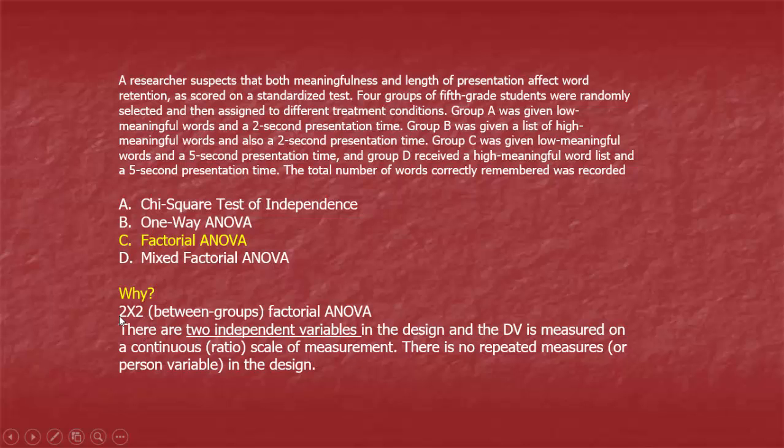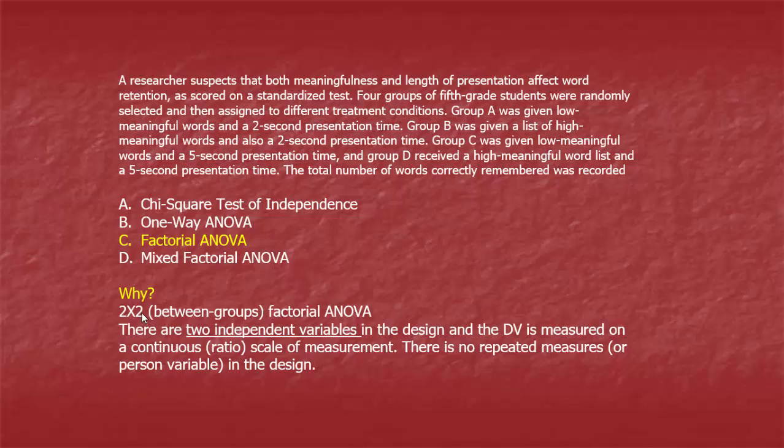So a 2x2, each number here represents one independent variable, and the number itself represents how many levels that independent variable has. So meaningfulness had 2 levels. That's what that 2 represents. It had low meaningful and high meaningful words. The second 2 refers to the length of presentation time. We had short presentation time of 2 seconds and a longer presentation time of 5 seconds.